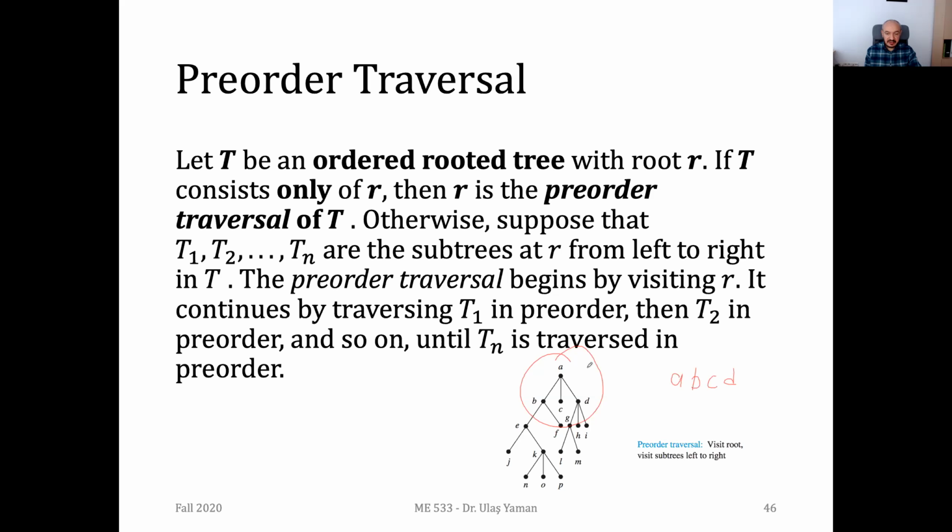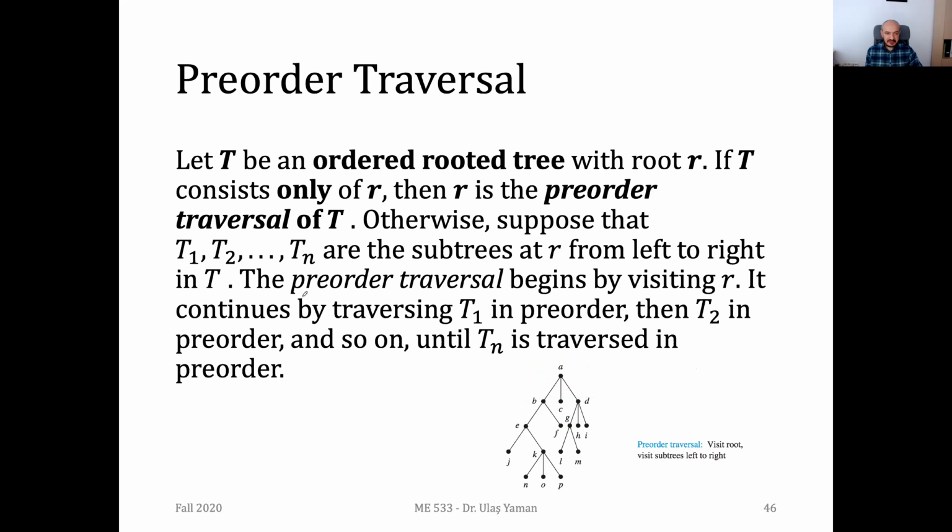But as you see, we have a more complicated case. What we are going to do is go deeper into our tree, then come back and see if there are any unvisited nodes according to our rule, and then complete this pre-order traversal.